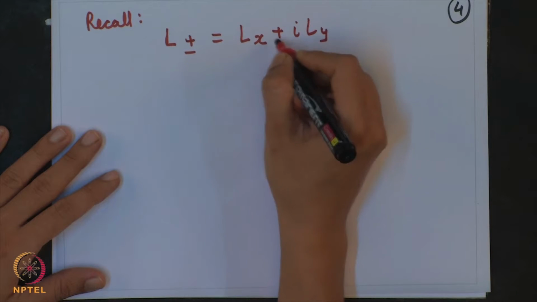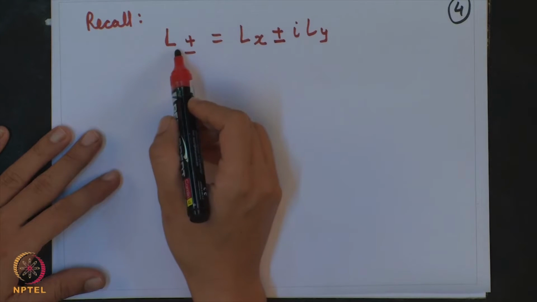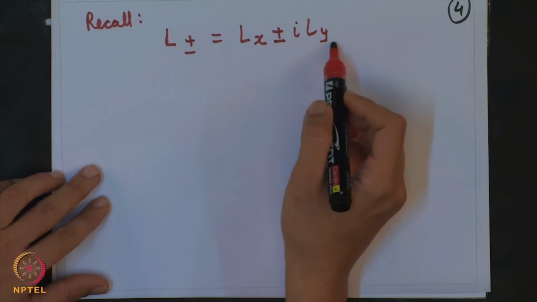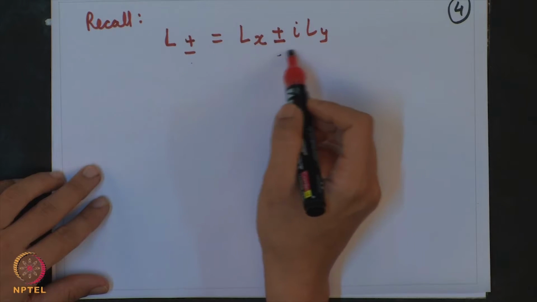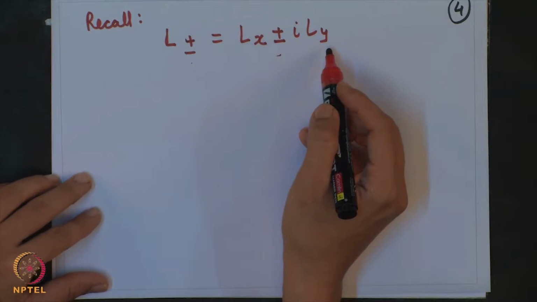So, when you use these ladder operators, you are able to simplify and work with them. So, L plus minus by definition is Lx plus minus i Ly. So, L plus is Lx plus i Ly, L minus is Lx minus i Ly.